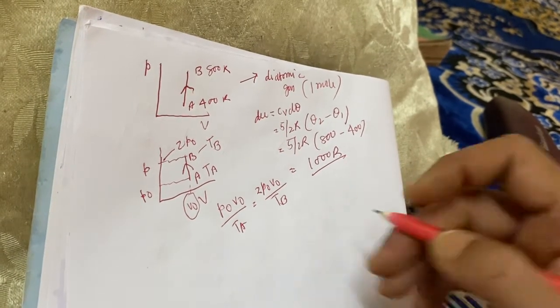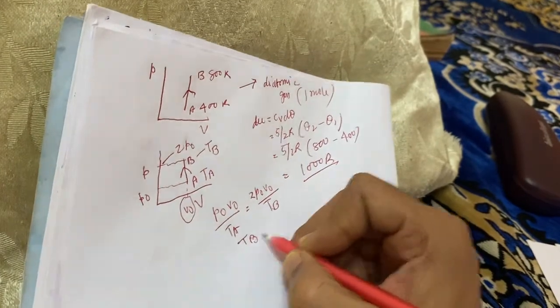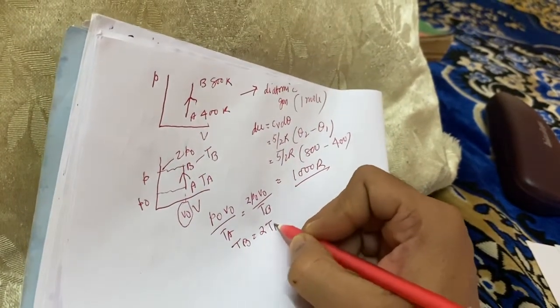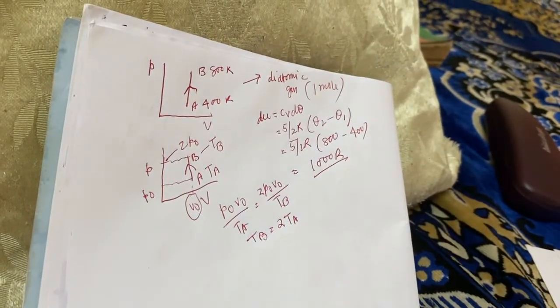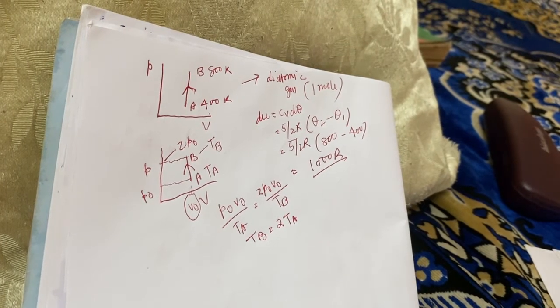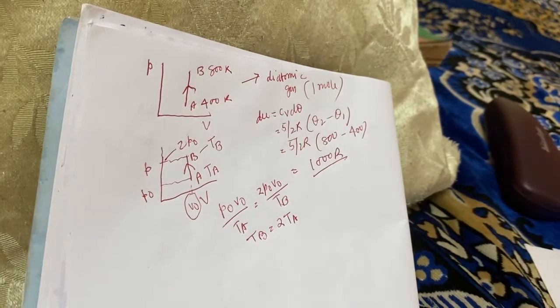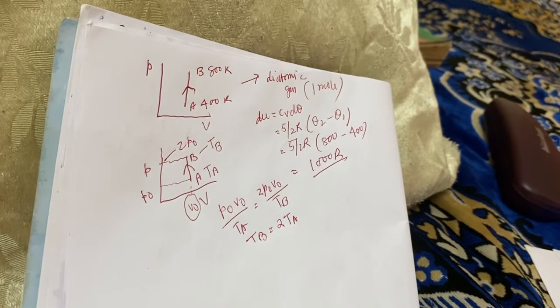And from this we get Tb is equal to twice Ta. So, the temperature at point B is twice the temperature at point A, and for this reason pressure is changing from P0 to twice P0.